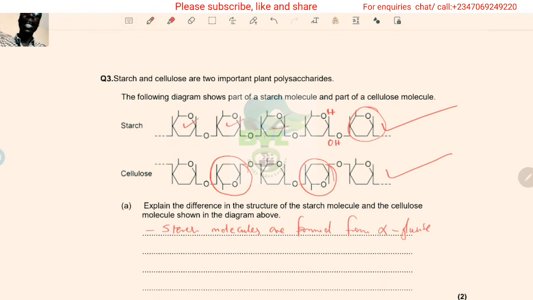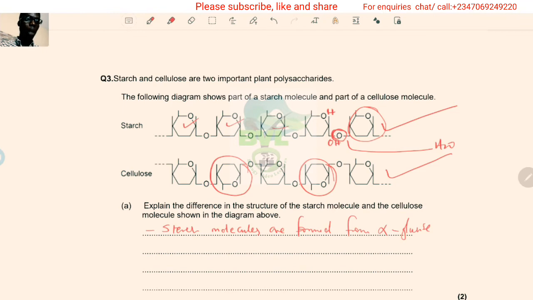It is not appearing like that anymore because it has lost the hydrogen in forming a condensation reaction, if you know what I mean. Because when you want to form polymers from monomers, it's a condensation reaction which gives rise to water.